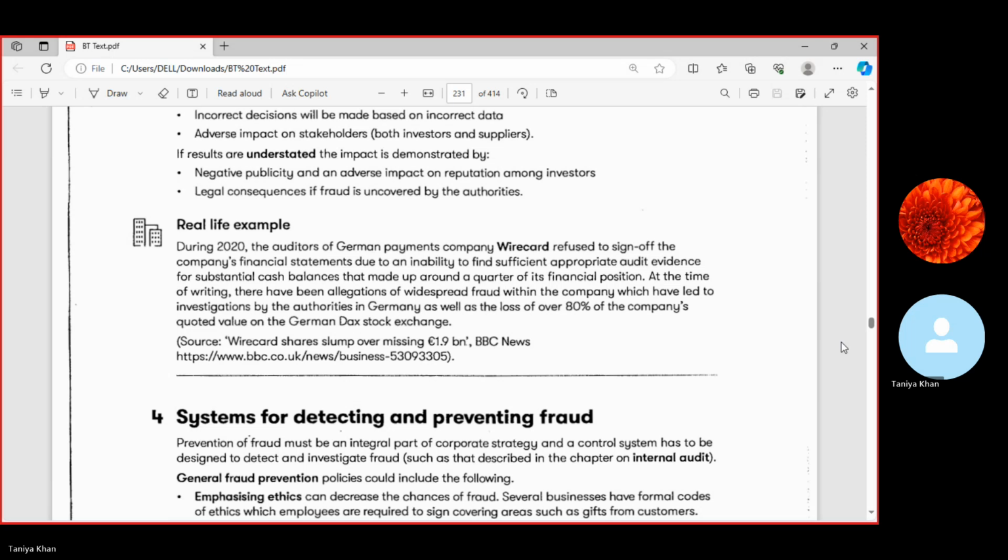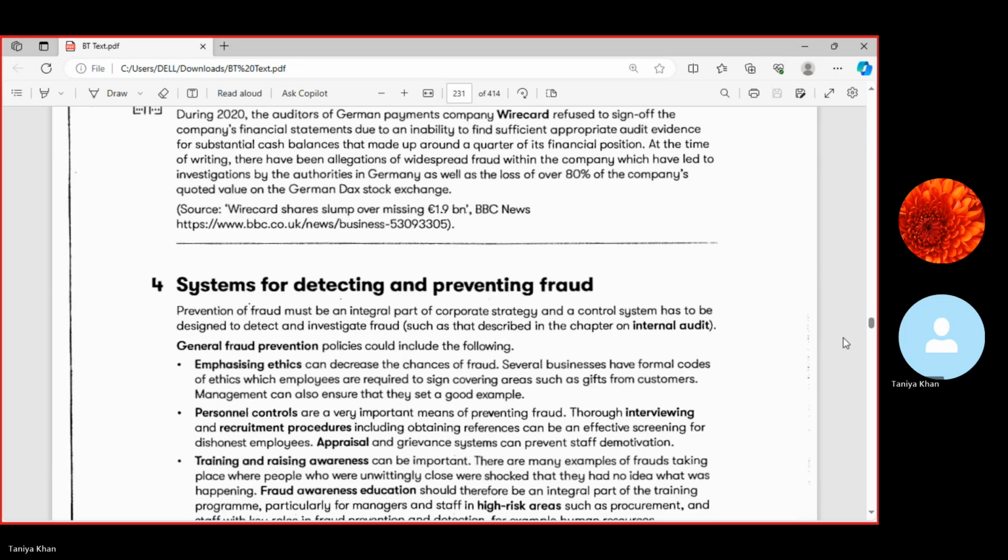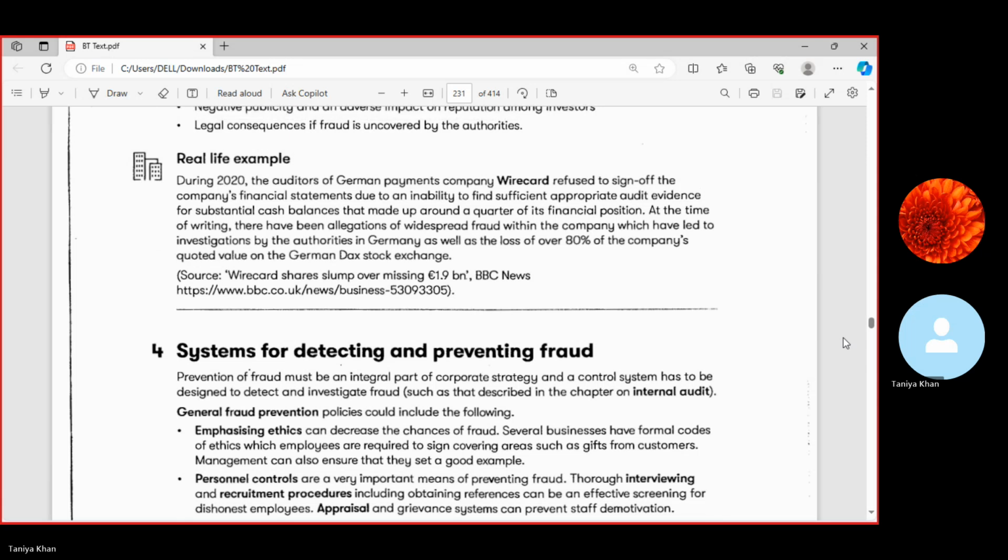If you are not disclosing proper income, say you are earning 25 lakhs and you are showing an income of 5 lakhs yearly, and that is uncovered by the authority, they will take some legal action against you. So that's about the adverse effect.